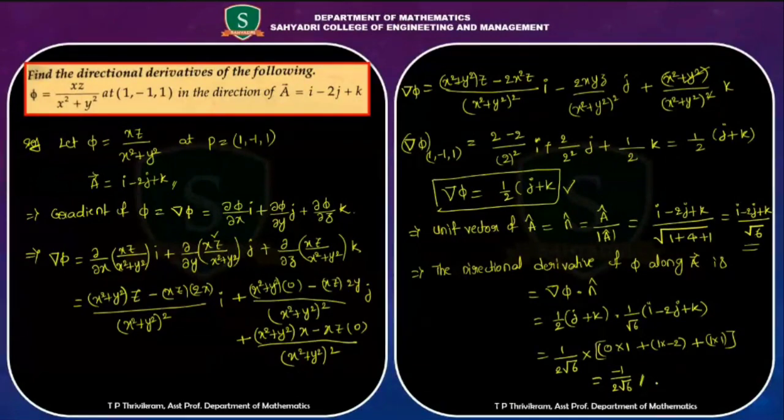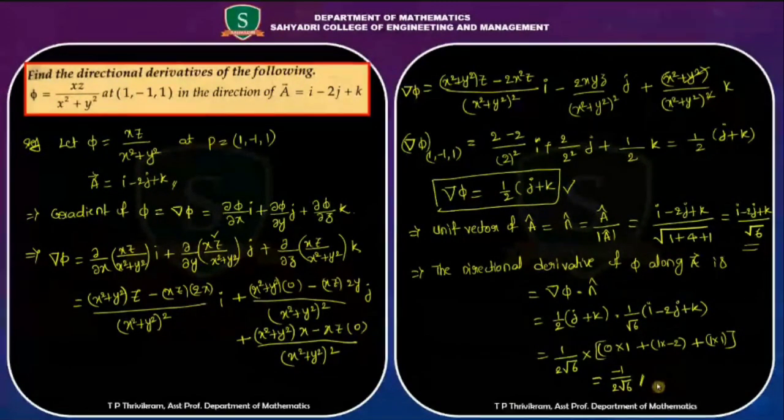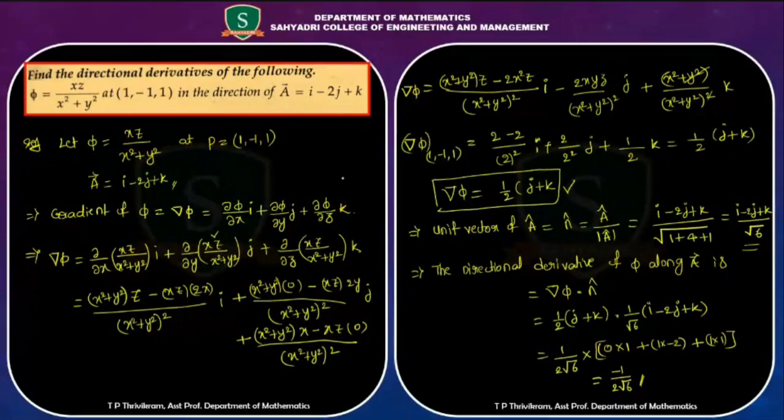So this much will be the slope, that means the directional derivative in a given vector. And this directional derivative will give the slope of a particular surface along a particular vector, in the direction of that vector. Okay, so I will share you one video based on the directional derivative.